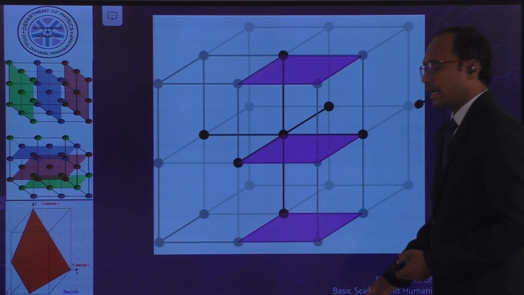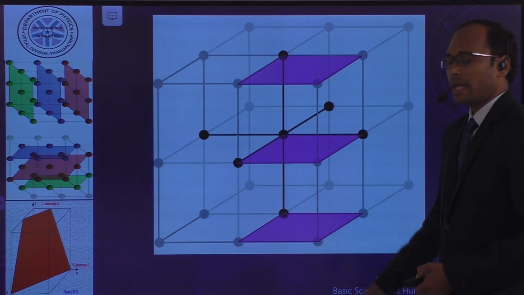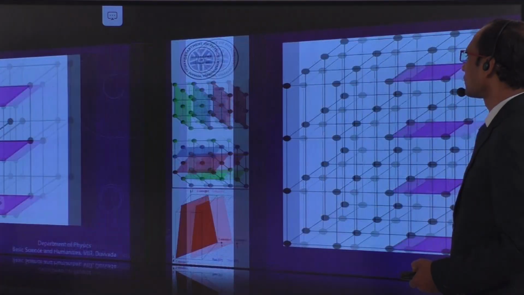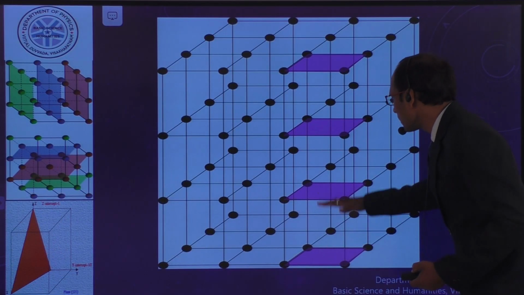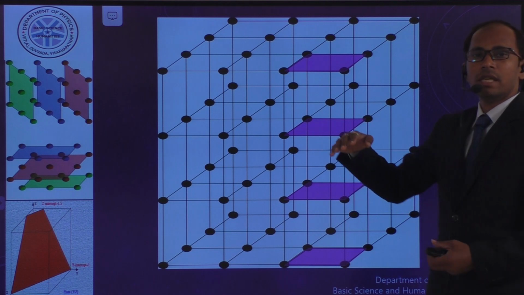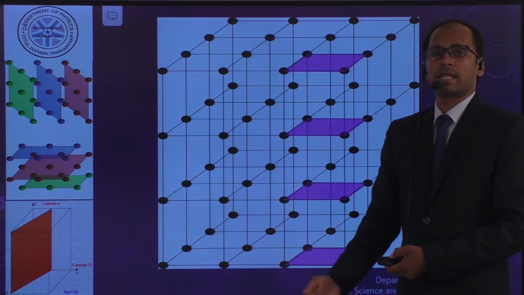Similarly, if you take a unit cell, these are parallel planes. All planes are parallel. If we extend in all directions, these parallel planes are always present in the crystal.